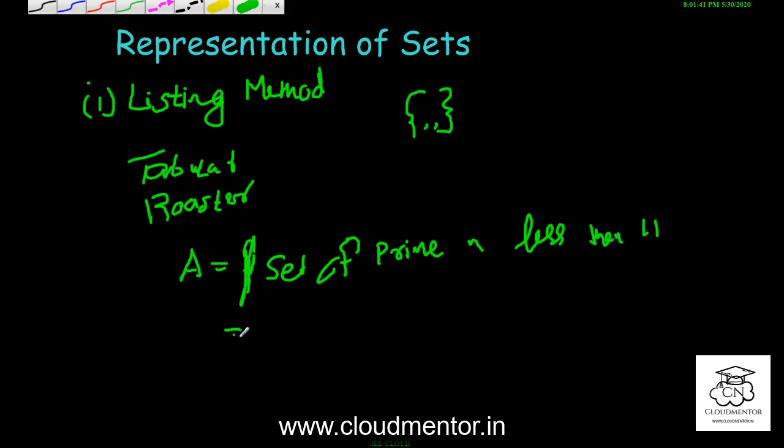We can write it in roster form like this, in braces, with elements separated by commas: 2, 3, 5, and 7, and close the braces. So this is the representation in roster form, or listing method, or tabular form.